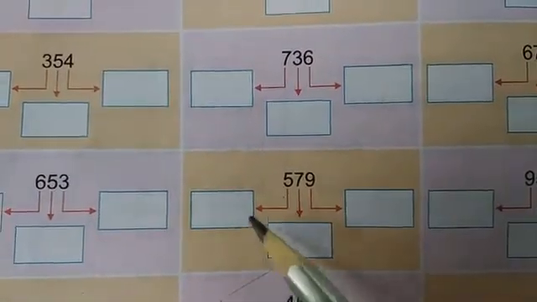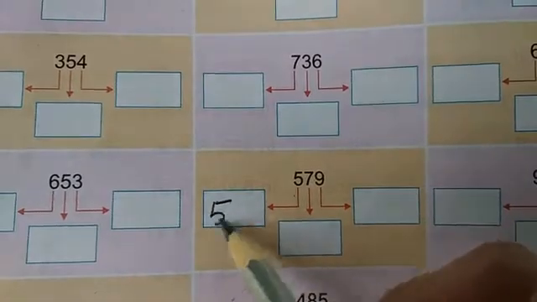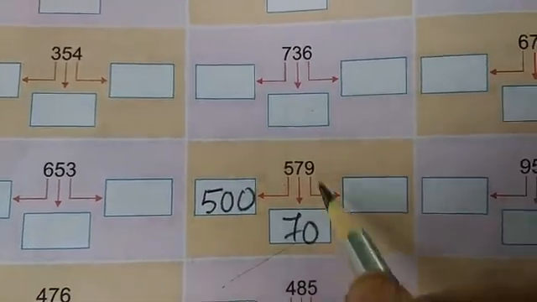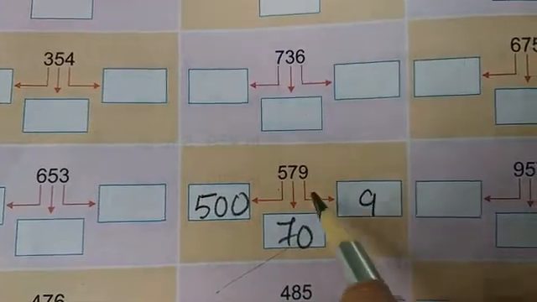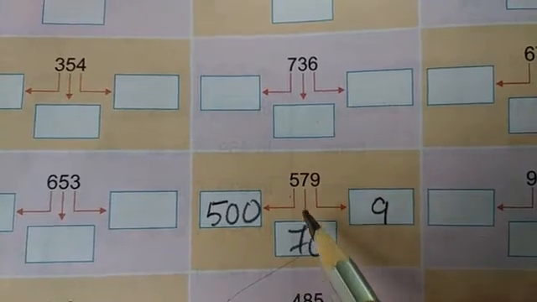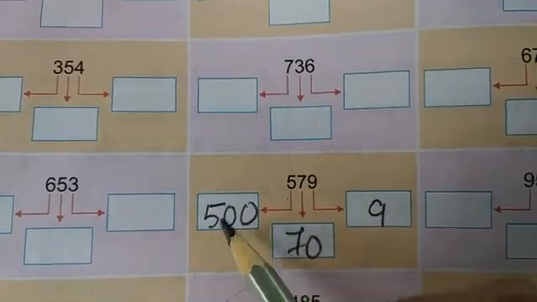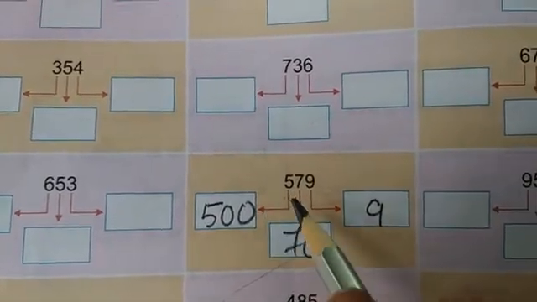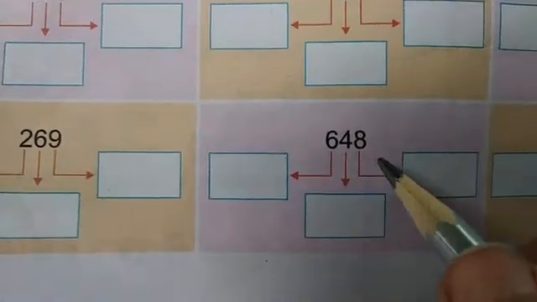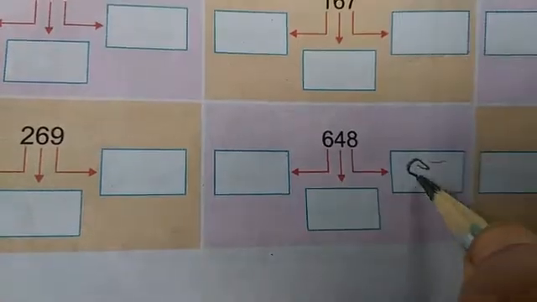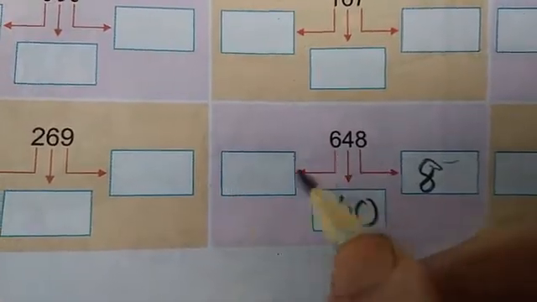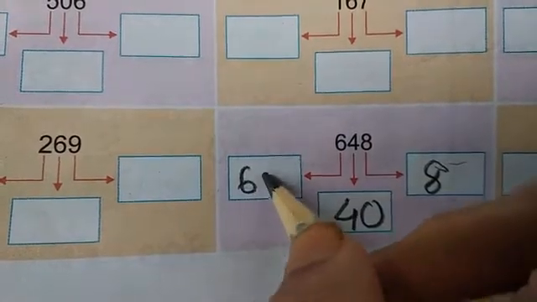So 5 is at hundreds place, 500, 7 is 70, then 9 is only 9. 9 is at ones place, 7 at tens place is 70, then 500 at hundreds place. Here 648, 8 is at ones place, 4 is at tens place, so 40, then 6 is at hundreds place, so 600.